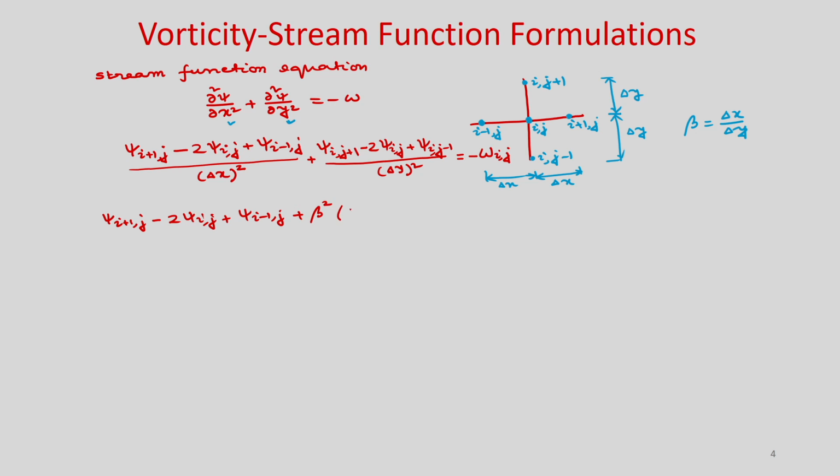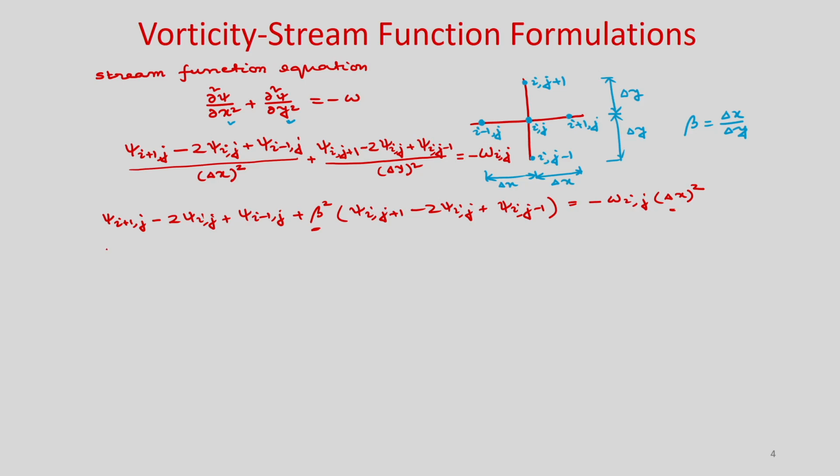So, we can write beta square times psi(i,j+1) minus twice psi(i,j) plus psi(i,j-1) equal to minus omega(i,j) delta x square, because I have multiplied delta x square on both sides. So, delta x square by delta y square I have denoted as beta square, and delta x square is coming here: minus omega(i,j) into delta x square.